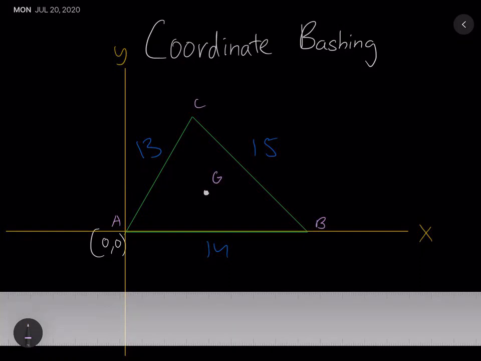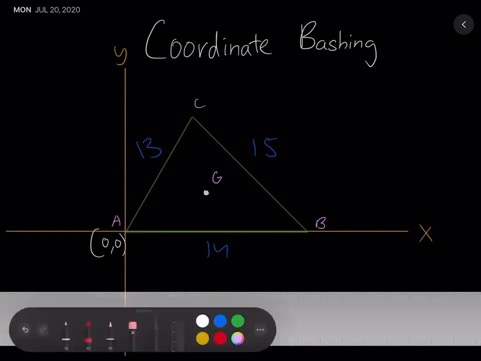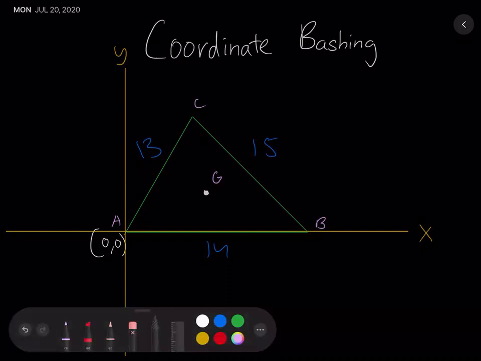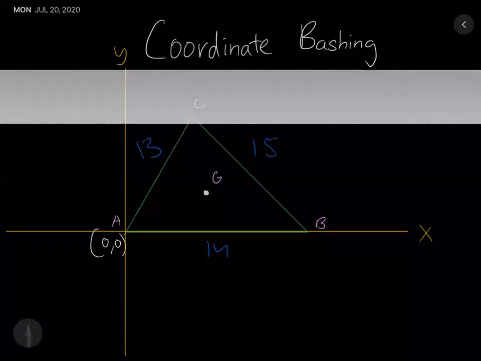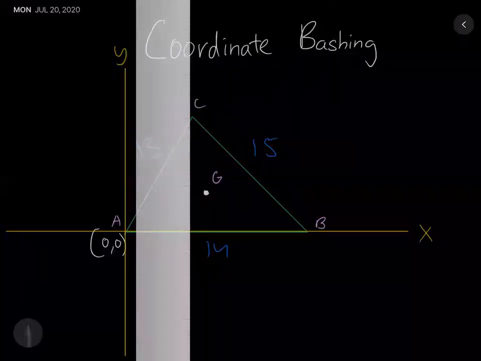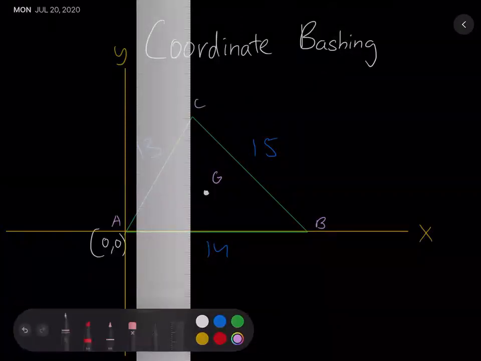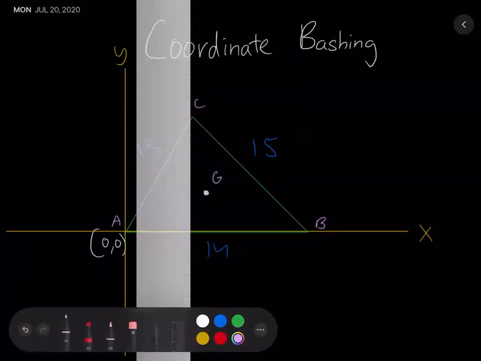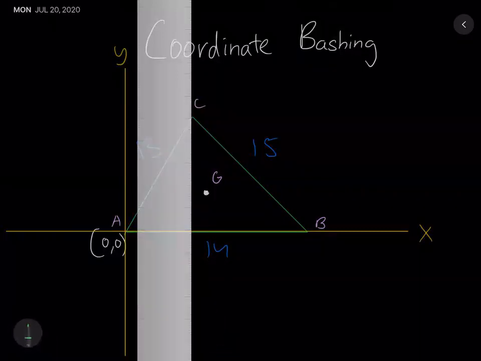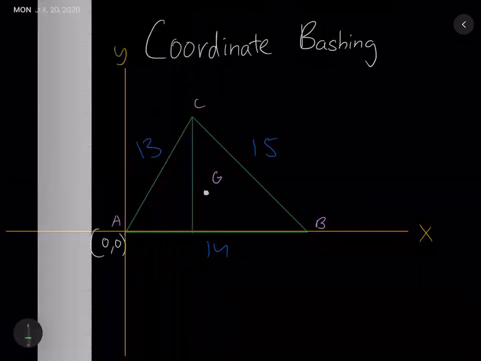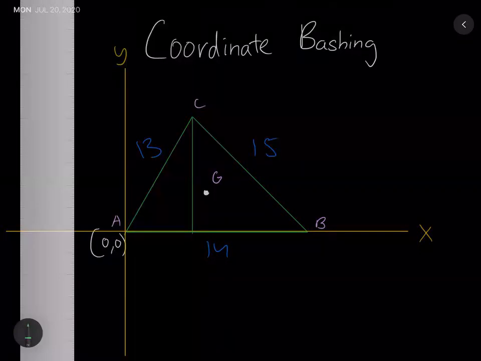If you guys have worked with 13, 14, 15 triangles before, a very key insight is that you can split it right down this altitude right here. On the left-hand side, you'll get a 5, 12, 13 triangle, and on the right side, you will get a 9, 12, 15 triangle.